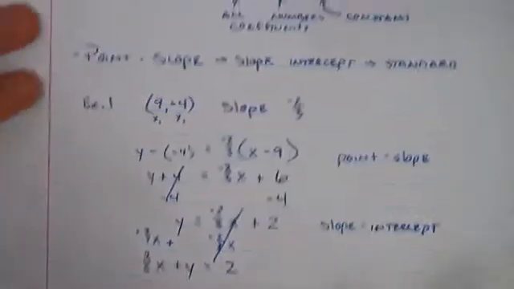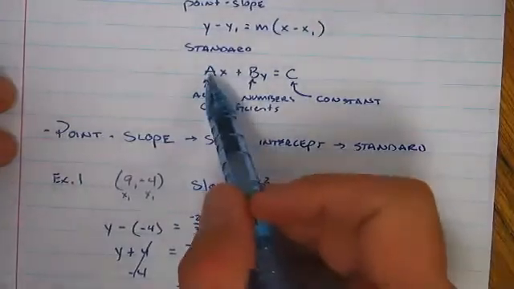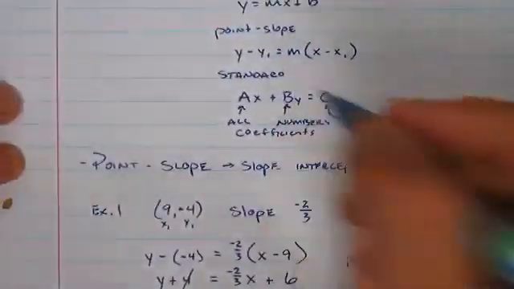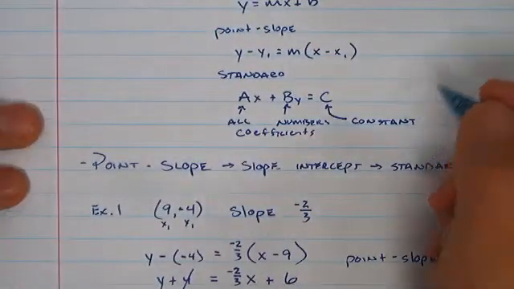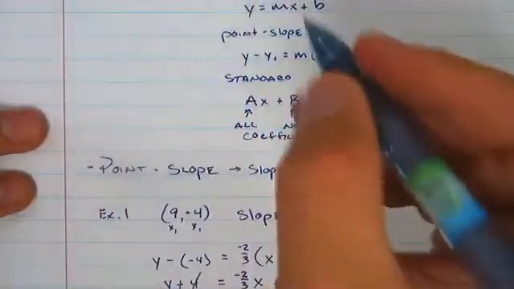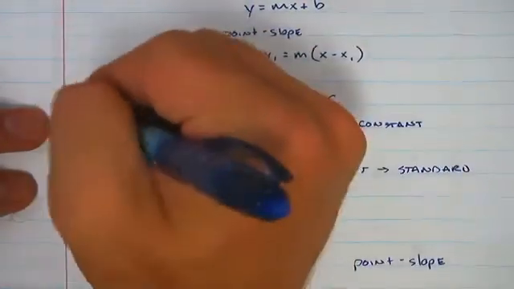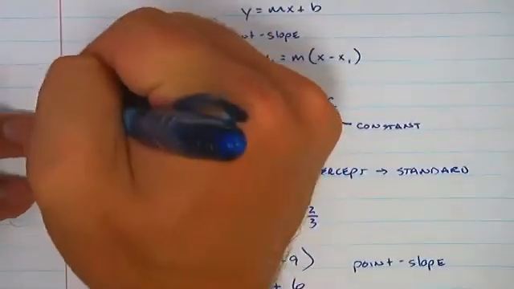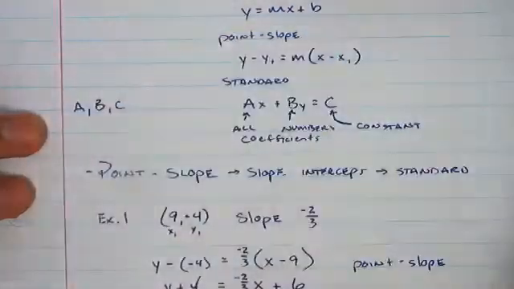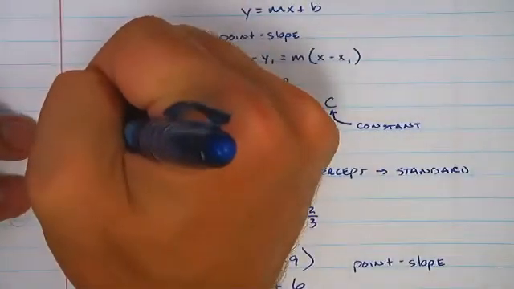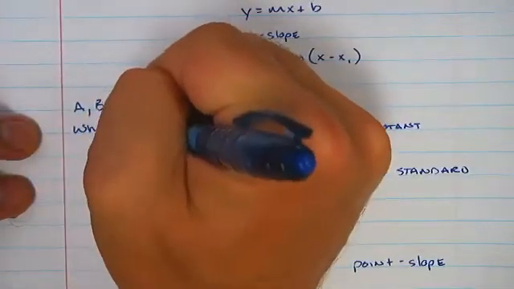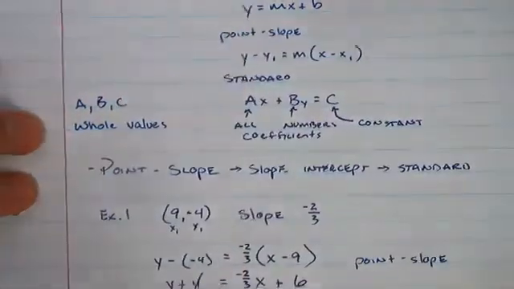So right now we're close, okay? The problem is that A, B, and C in standard form are whole numbers. So they're all whole values. Okay.